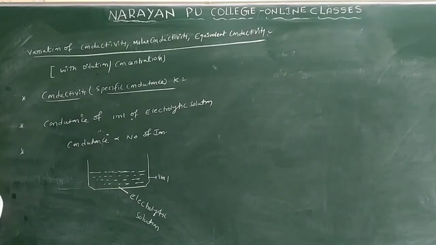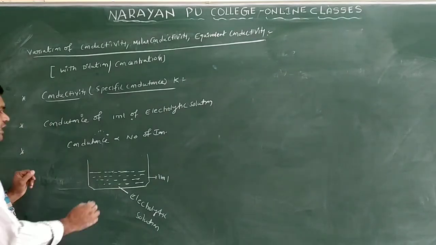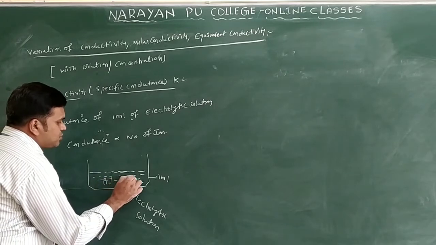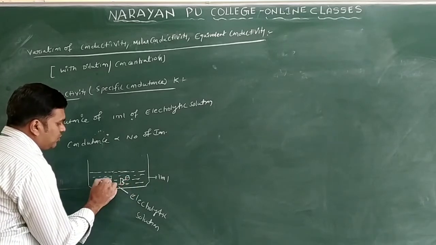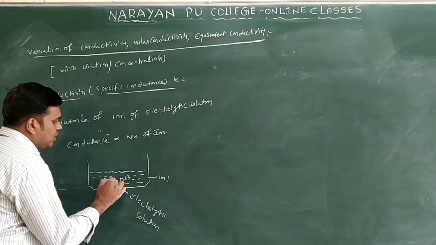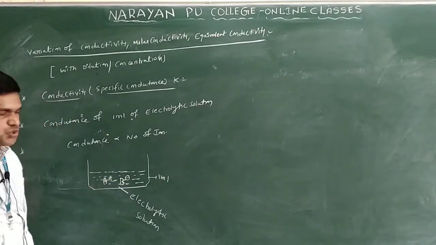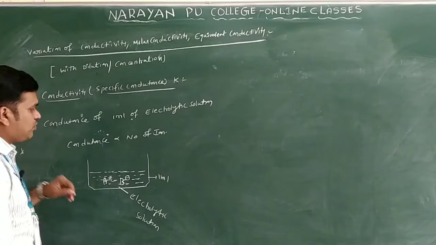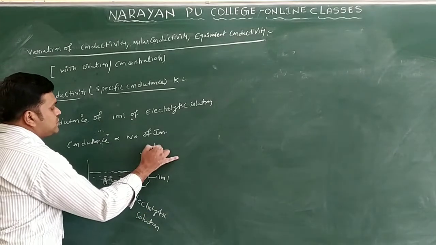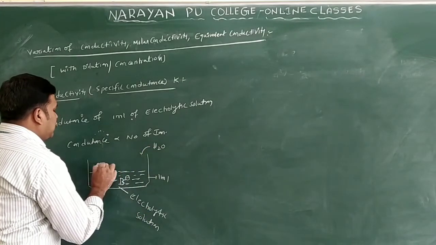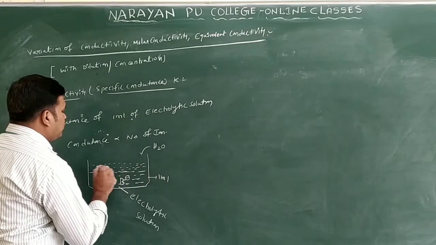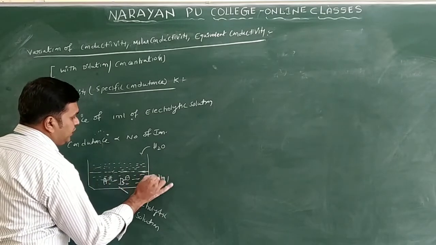So in this electrolytic solution I want to take an electrolyte AB. AB dissociates into A plus and B minus. Then what I am doing here is upon dilution, suppose I am adding water from the outside. Then what happened here? The volume of the solution increases, up to here from 1 ml.